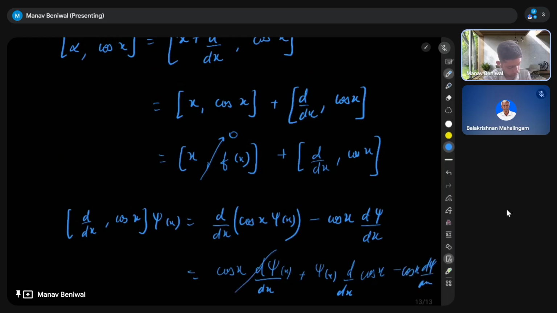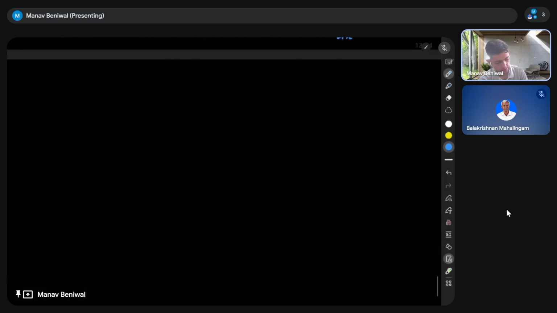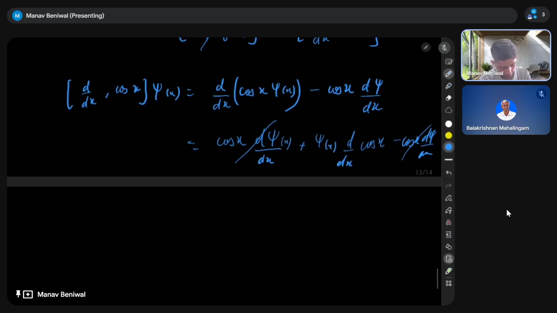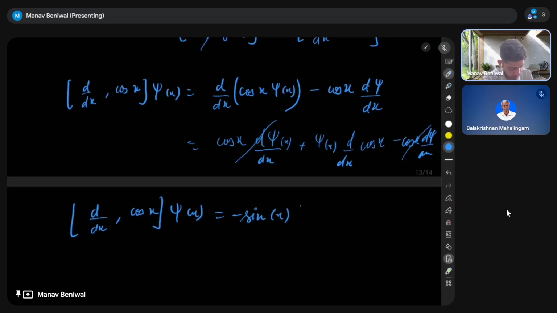So these two terms cancel out, and then basically what we get is the commutator of d/dx and cos x on psi of x, which just gives us minus sin x psi x, right, because differentiating cos gives us minus sin.